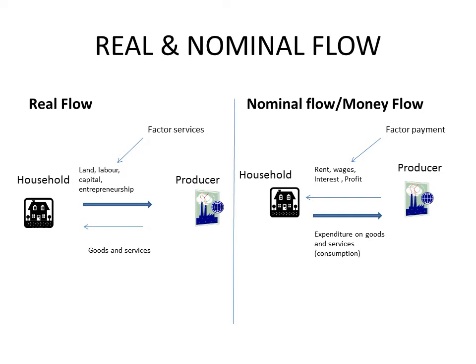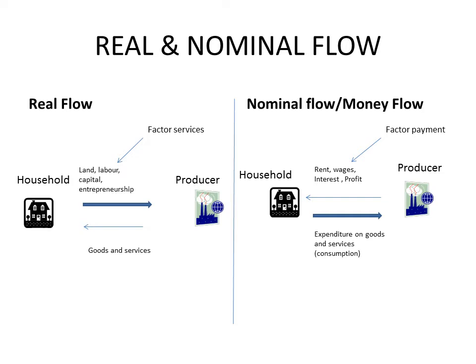So here we have talked about money terms. The household is getting rent, wages, interest, and profit, and this money goes back to the producer when the household purchases the goods and services.